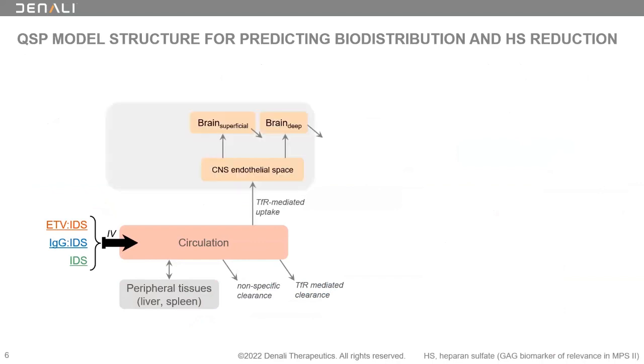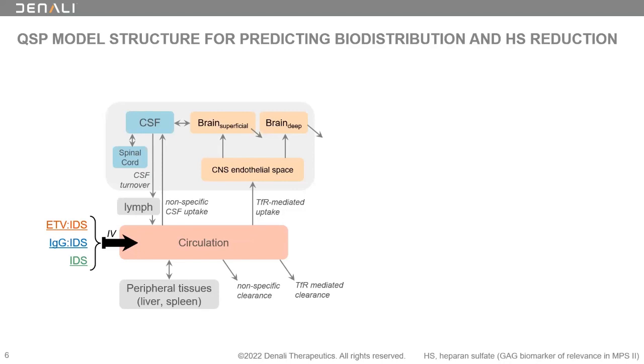Explicit representation of TFR-mediated uptake into the CNS through the vascular transcytosis process, and also non-specific uptake into the CSF, and then exchange between the CSF and the brain superficial region.